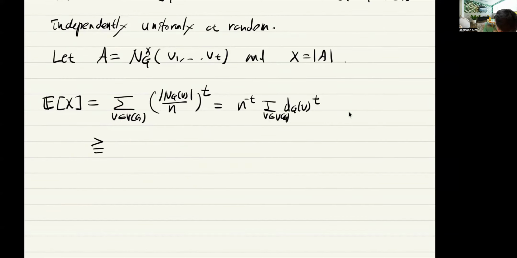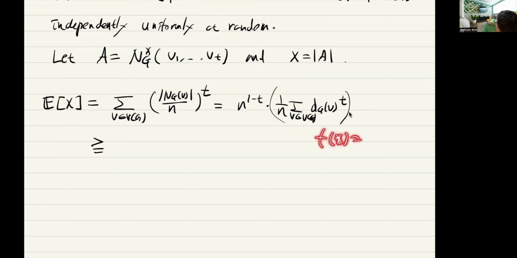And use the convexity of this function. What do you do? This can be written as 1 minus, we can write it this way. And this is the average of the function f(x), which is x to the t.